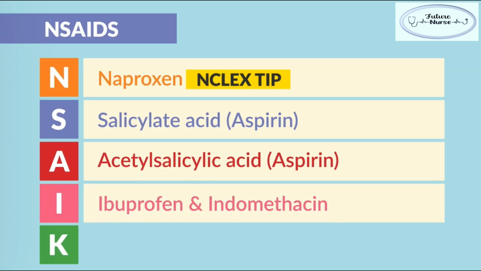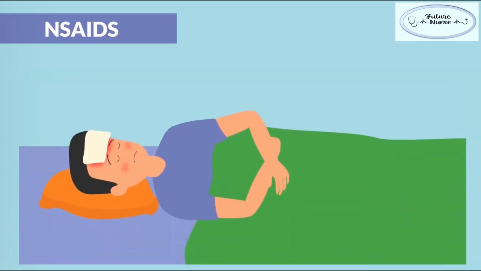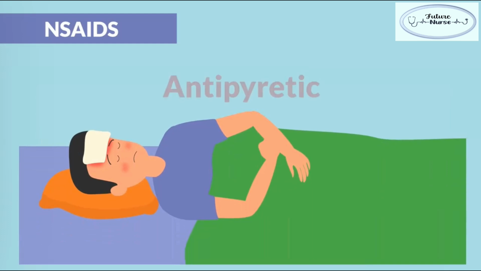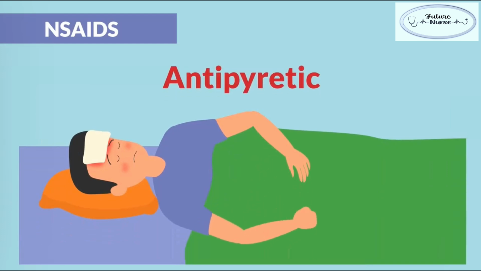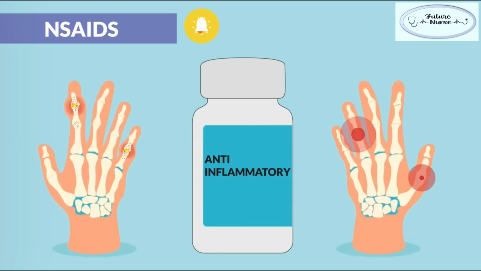Now, a key one is K for ketorolac. Brand name is Toradol. This is the only one we can actually give through an IV. Now, the indication is we give to reduce a fever, known as an antipyretic. So basically a fever reducer, as well as anti-inflammation, typically given for gout and arthritis like an RA.